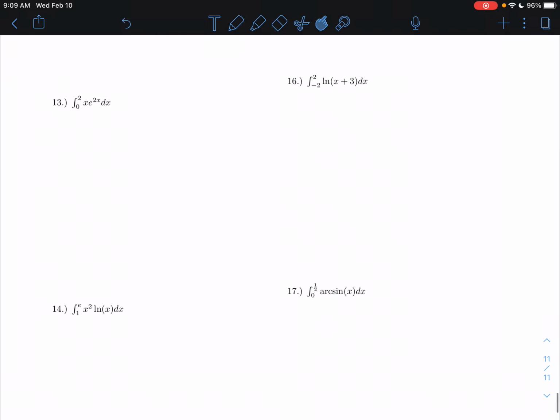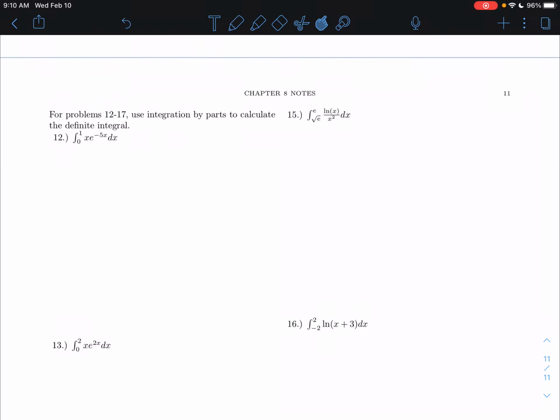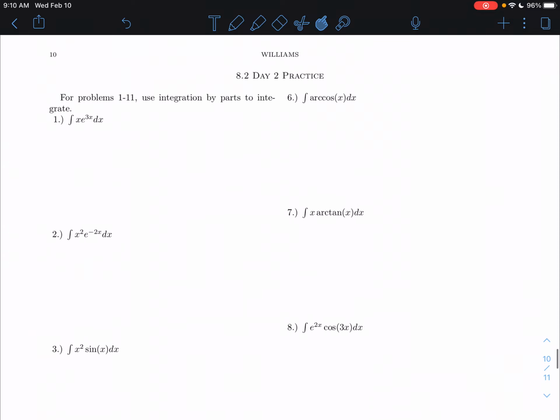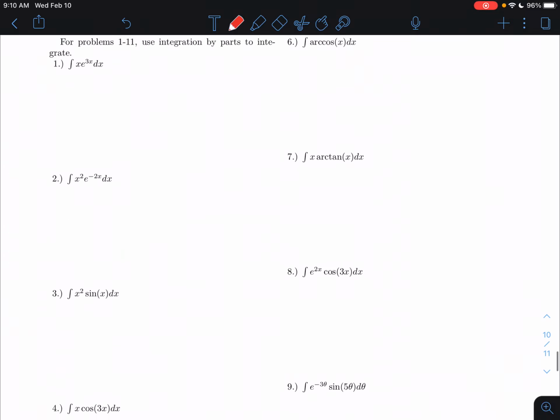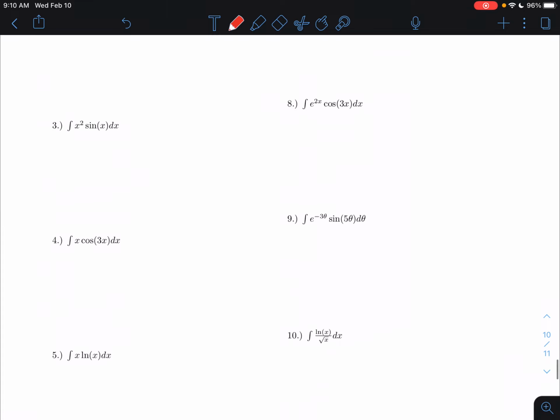But these last 6 are all definite integrals, but the first 11 are all practice with indefinite integrals with integration by parts. Let me see, because I know some of them, I'll help you out. I know some of them you're going to need the tabular method or the cyclic method that we were doing yesterday.